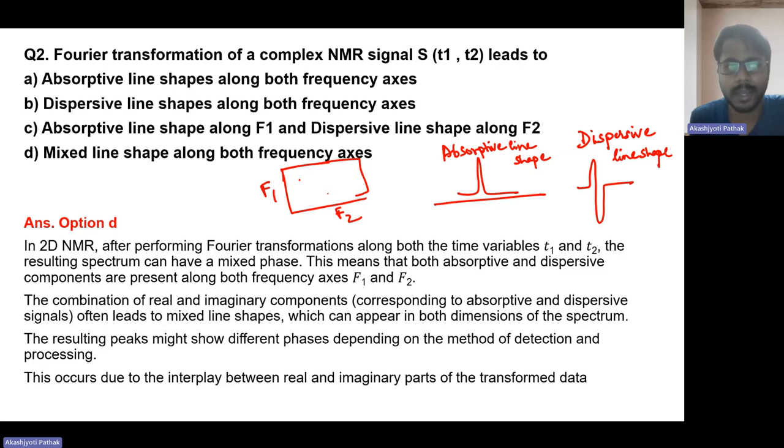The resulting peaks might show different shapes depending on the method of detection and processing. This occurs due to the interplay between the real and imaginary parts of the transformed data. All these concepts I have already discussed in the week 4 or week 5 problem solving session.